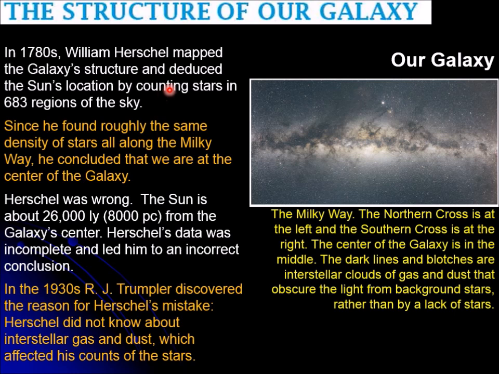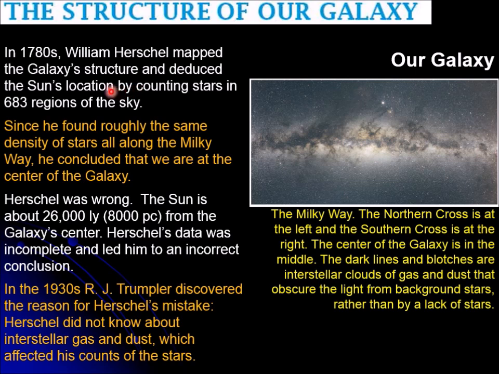The way he did it was to partition the sky in different sections and count how many stars you could see. So he divided the sky into 683 regions, and he said, oh, well, in this region we have so many, in this other region I see so many.